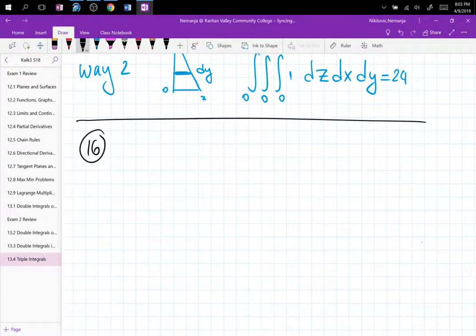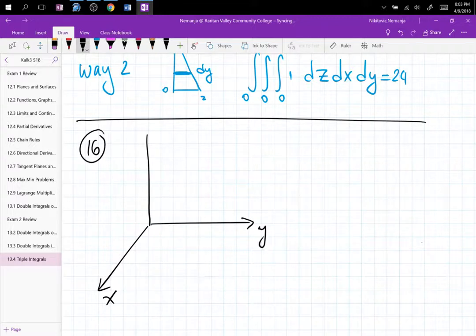Problem 16. We have our XYZ coordinate system, and we are going to go to the point over here, call it pi, and then we are going to go about that amount.